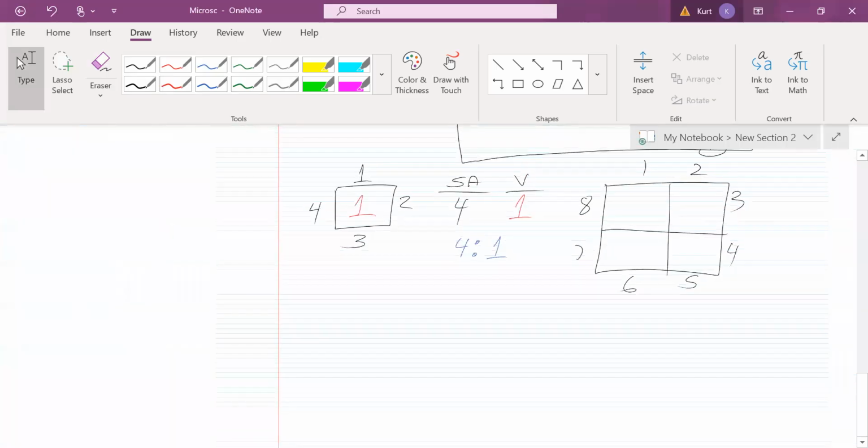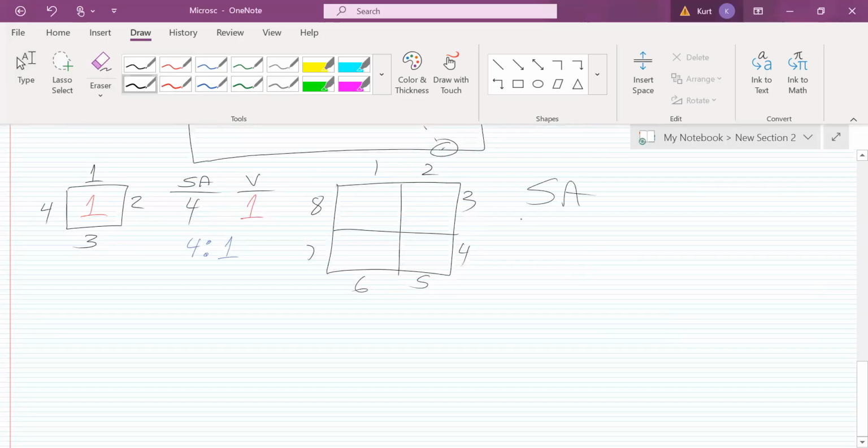Surface area is an 8. Volume: 1, 2, 3, 4. The volume is 4. We have an 8 to 4 ratio. What does that reduce to? 2 to 1.